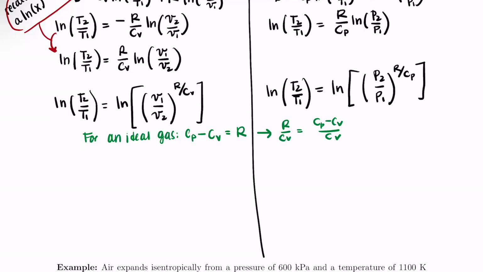And there is a special parameter called k, which is the specific heat ratio. And that is just the ratio of Cp to Cv.